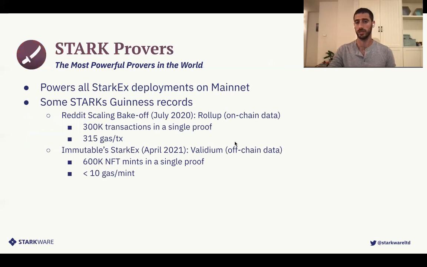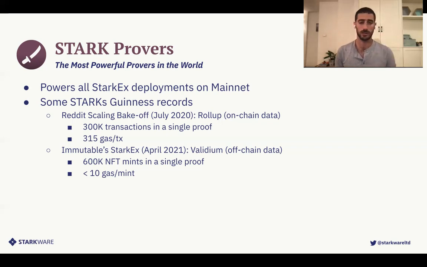The next foundation is the Stark provers. As I've said, they are the most powerful provers in the world, and they power all StarkX deployments since June 2020 on mainnet. I may be repeating myself that our technology is on mainnet, but I think it's a very important thing to understand.